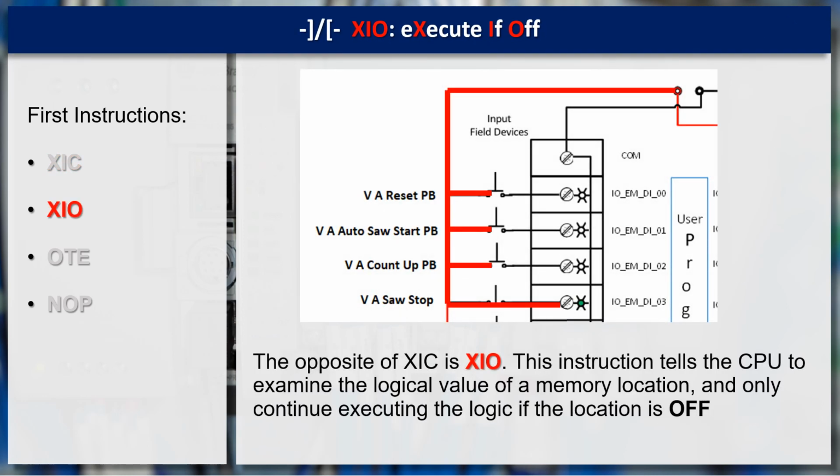XIO, execute if off. The opposite of XIC is XIO. This instruction tells the CPU to examine the logical value of a memory location and only continue executing the logic if the location is off.